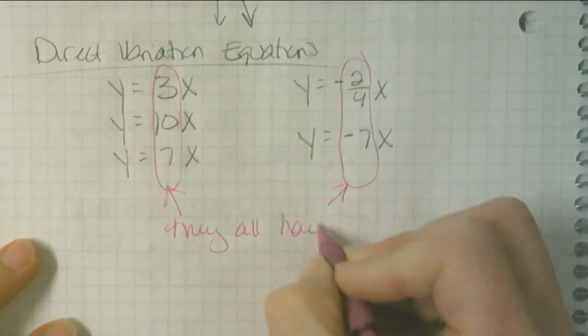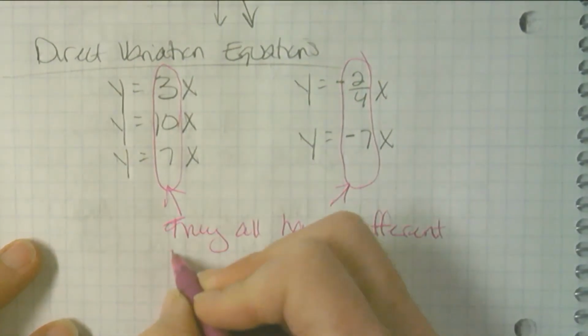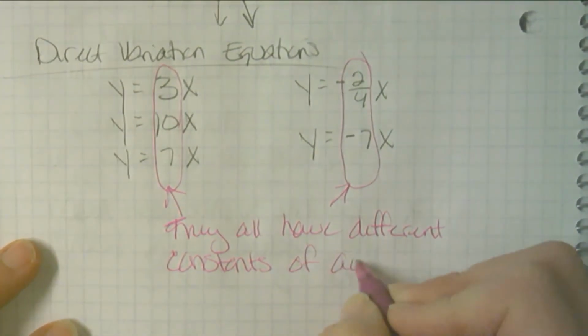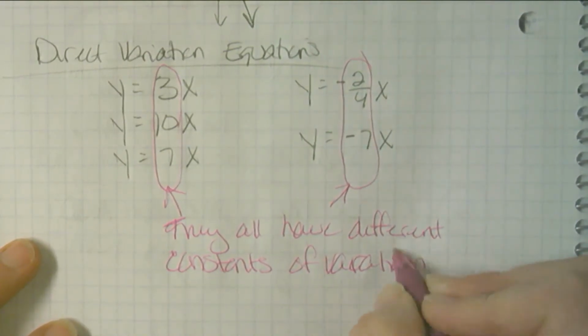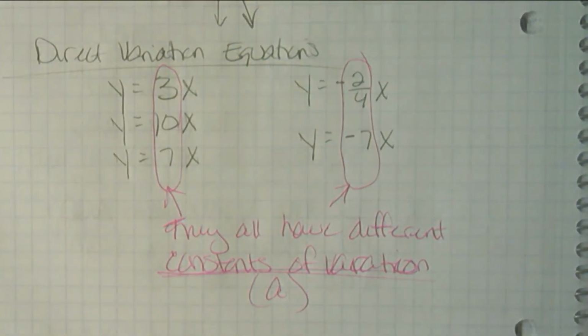They all have different constants of variation. That A term, that coefficient.